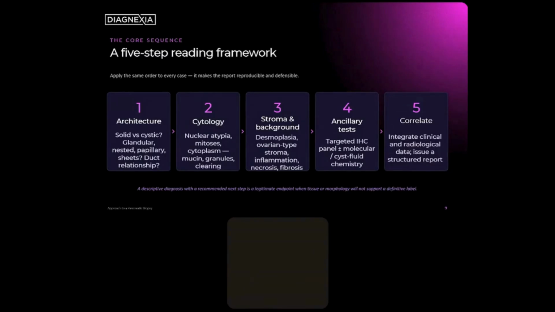Then to the cytology, clearly whether there's nuclear atypia, mitoses, what does the cytoplasm look like? Does it contain abundant mucin creating vacuoles? Are there granules? Is there clearing? So the cytological features are then put together with the architecture. Now the stroma in the background is really quite important in the pancreas because it is quite difficult to separate true cancer desmoplasia from chronic pancreatitis.